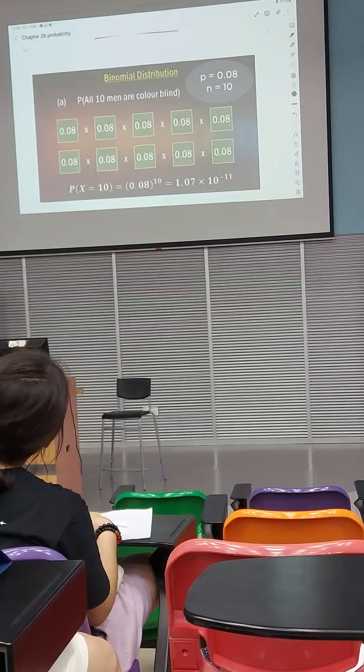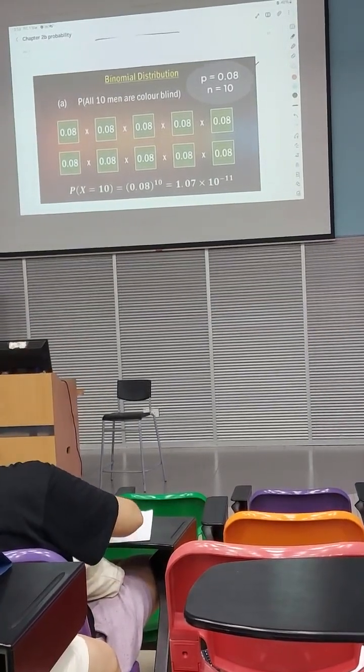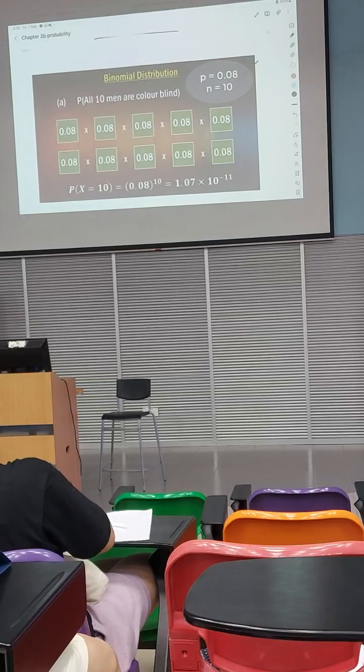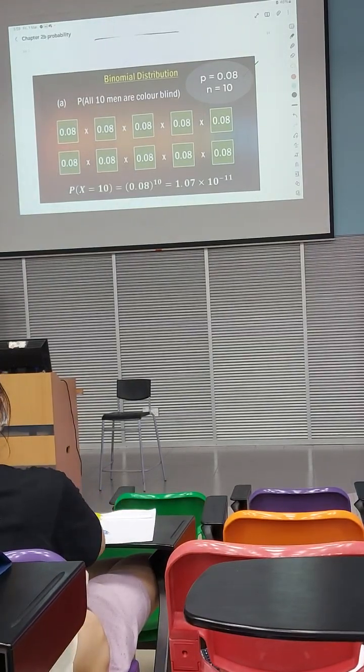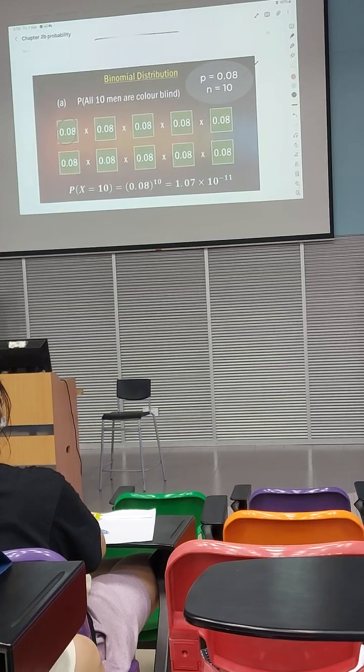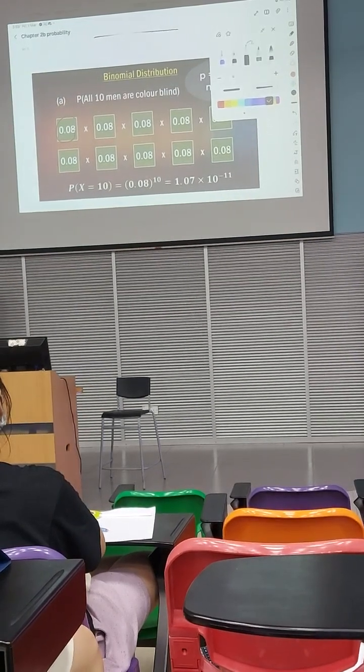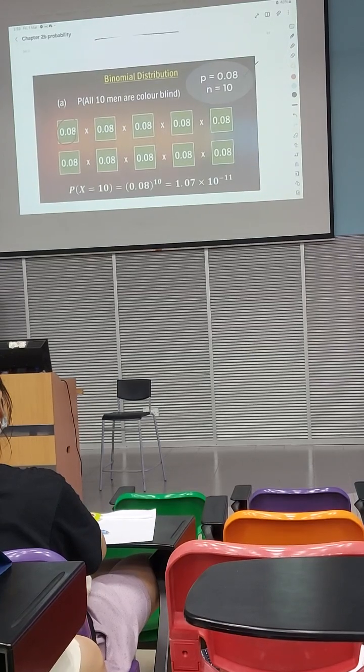From the study, we already know that the probability of a man being colorblind is only 8%, 0.08. Now what is the probability that all 10 men are colorblind? You must know that the probability is very, very small. Every single one is 0.08, so 0.08 to the power of 10, which gives 1.07 times 10 to the power of negative 11.